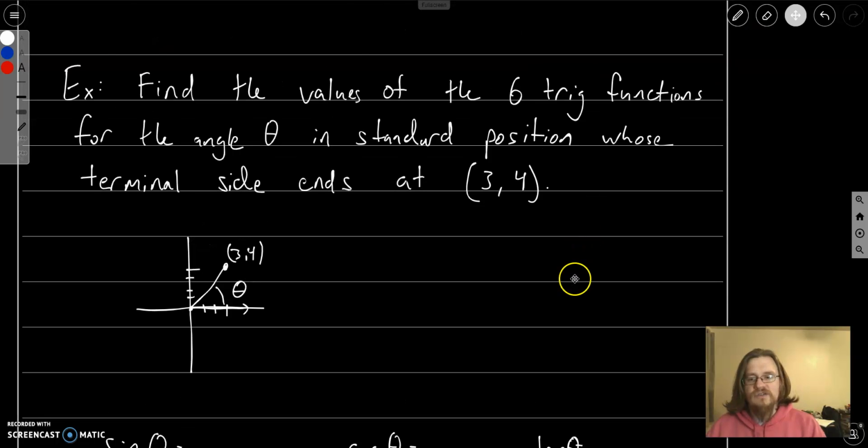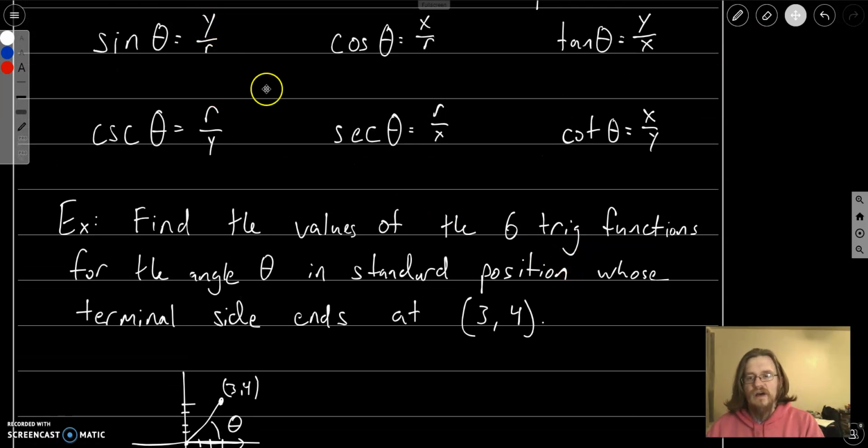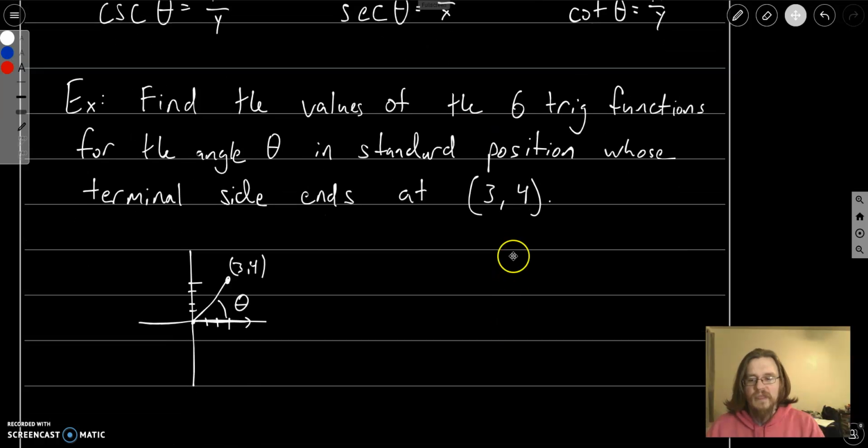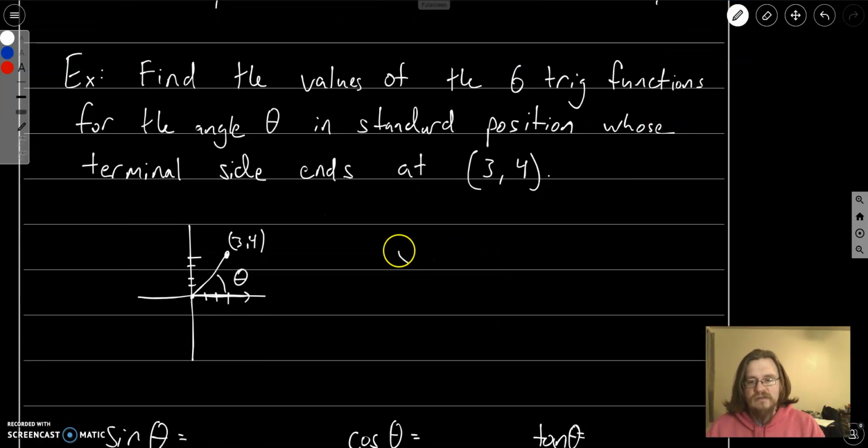And to calculate these things, we need to know x, y, and r. Well, x and y are pretty easy. x is just going to be this x value, which is 3. y is going to be the y value, which is 4. And r is going to be the length of this line here. So again, the length of that is going to be the square root of x squared plus y squared.